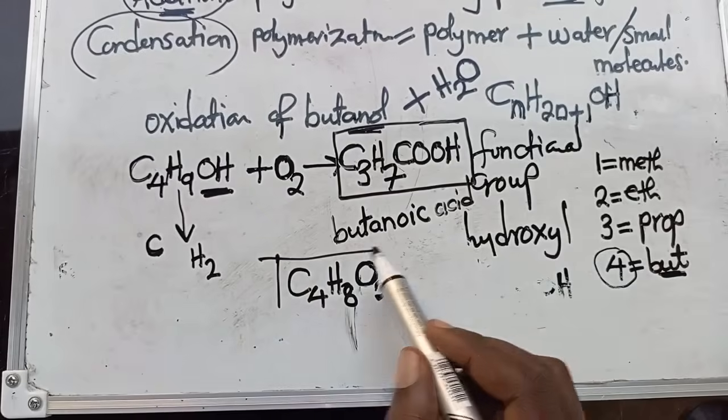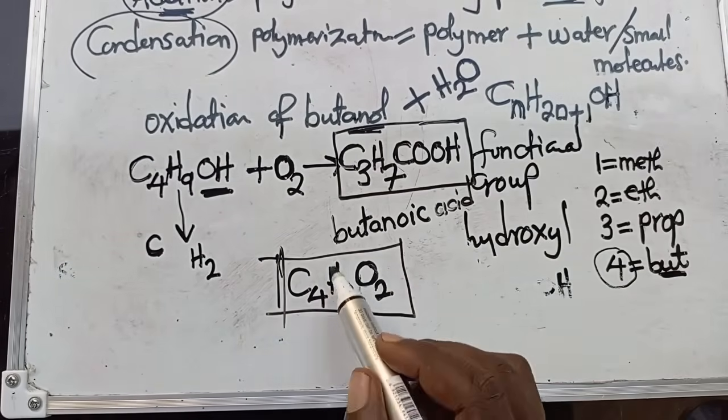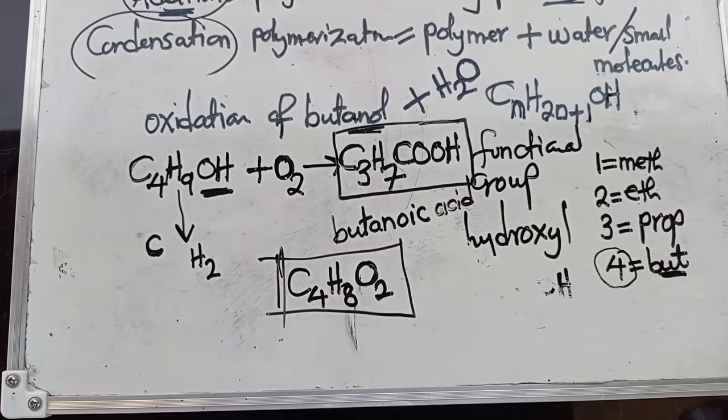So it can also be like this: C4H8O2. It is just one and the same. So you don't have to be confused. These are things that confuse people in an exam. You just answer them just like this. So this is the chemical formula.